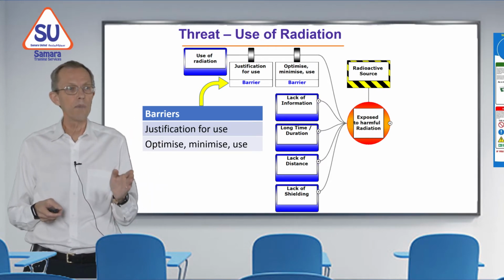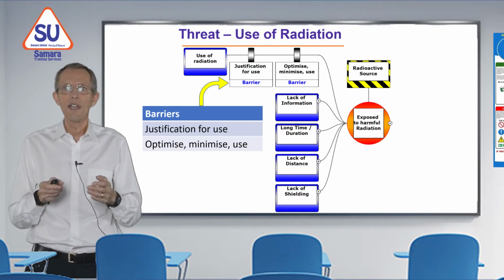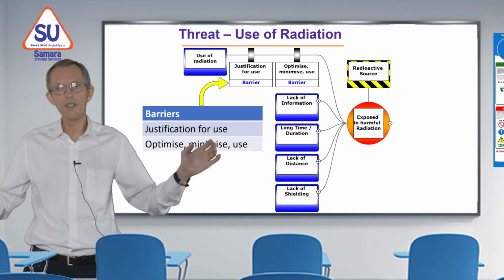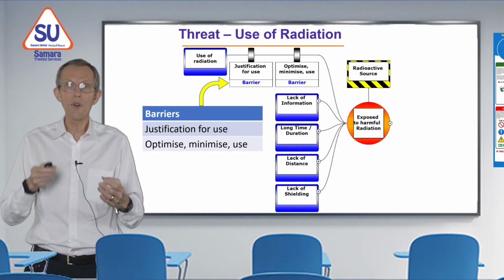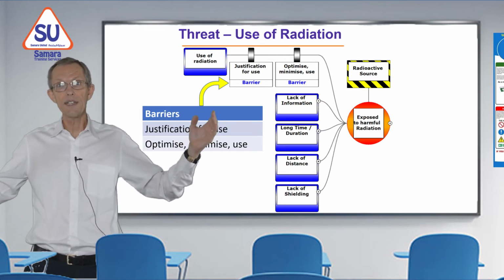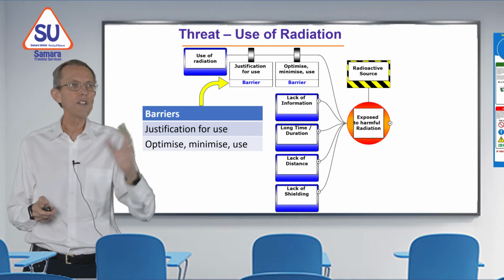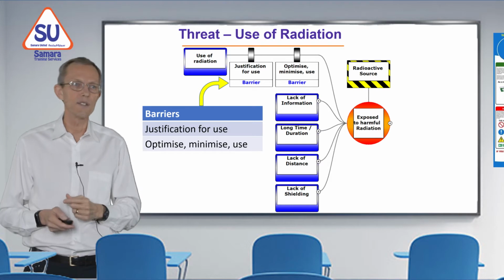And another barrier would be, if we have radiation, optimize the amount. If you only need a small amount, only have a small amount. Don't have a lot if all you need is a little. Or can you modify your process so instead of needing a lot of radiation, you need a little bit. So these would be 2 barriers to the use of radiation.